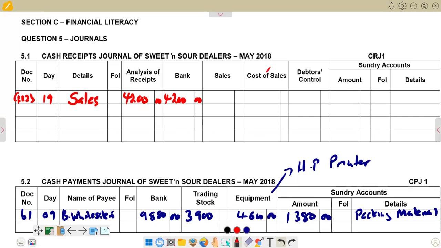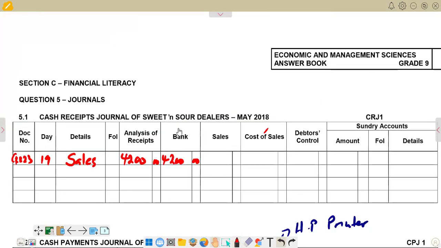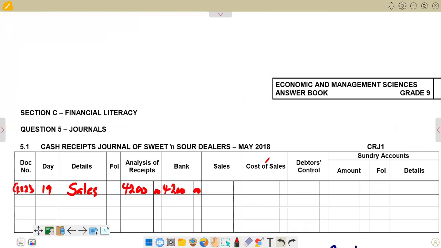We can make that proportion again, whereby we have our 160% representing our total sales. 160% is equal to 4,200. The figure that we are looking for is 100%.